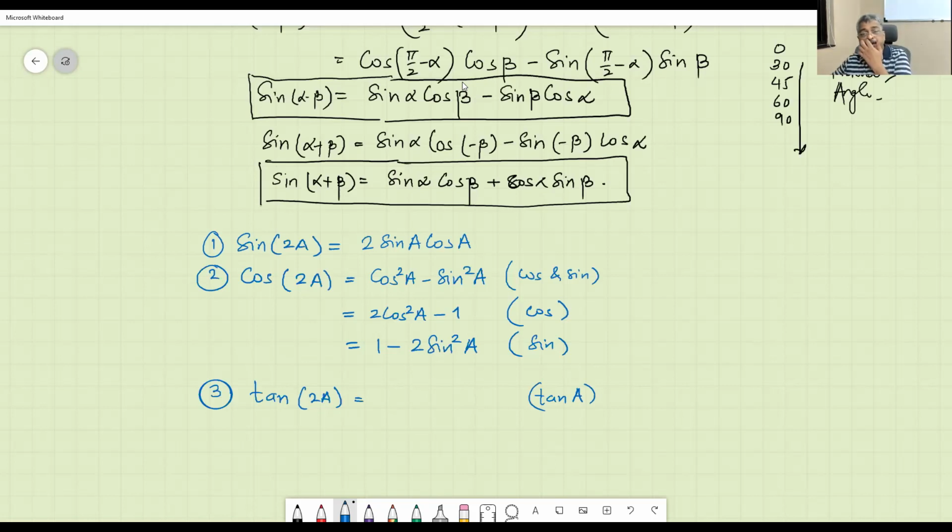Before that, we have to find tan(A plus B). Find this first and then find tan 2A.